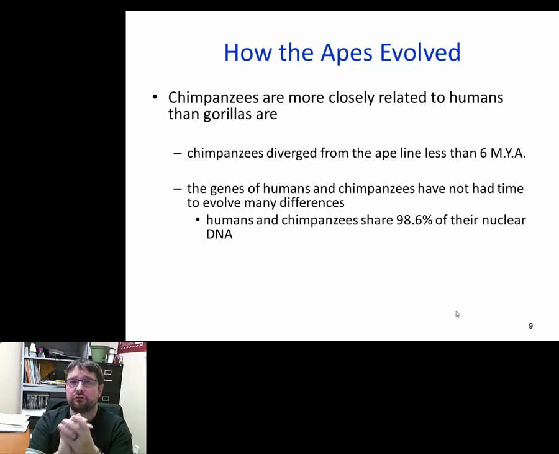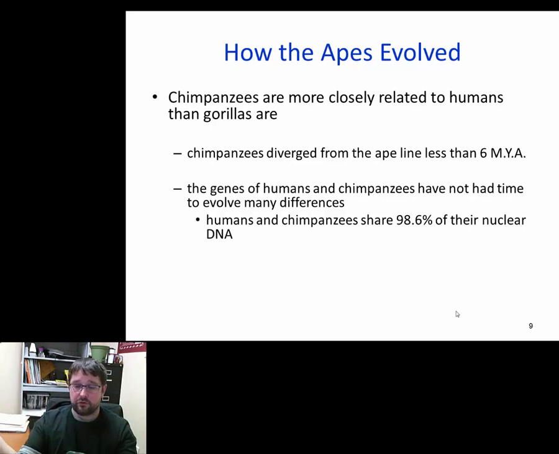When we look at the genes of humans and chimpanzees, there really hasn't been very much time for them to diverge. So remember that genes and genetics are subjected to mutations, to random changes in the genetic material that occur over periods of time.